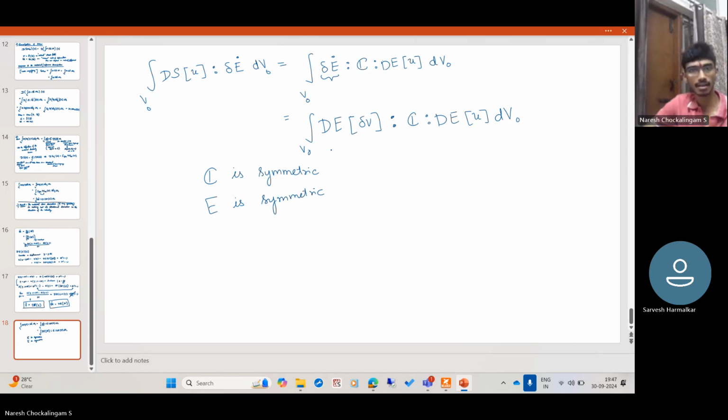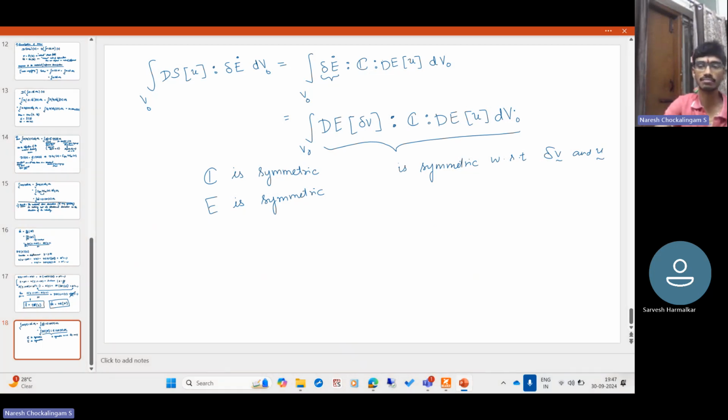Therefore, this entire quantity is symmetric with respect to del V and U. So what is del V? Del V is an arbitrary virtual velocity field that we are imposing, and U is some perturbation. U is some adjustment to the displacement vector. U is then some adjustment to the configuration. It is some displacement. So what we find is that this expression is symmetric in both del V and U.